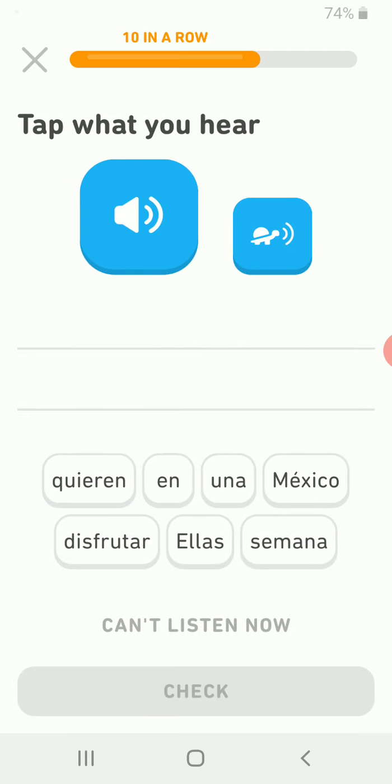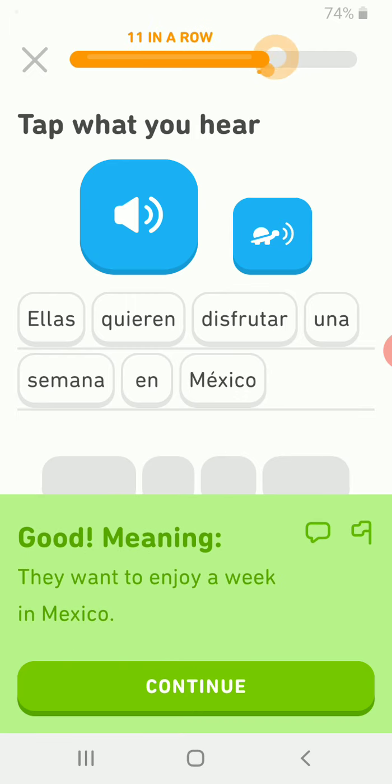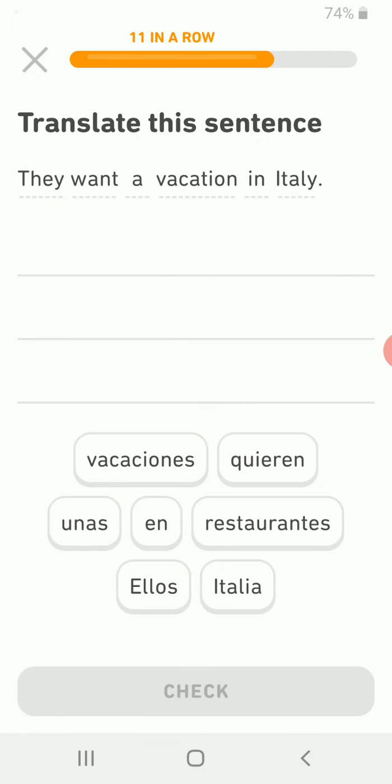Ellas quieren disfrutar una semana en México. And they want a vacation. They want a vacation in Italy. A vacation. So here, vacation is vacación. So vacación and vacaciones. De vacación, las vacaciones.